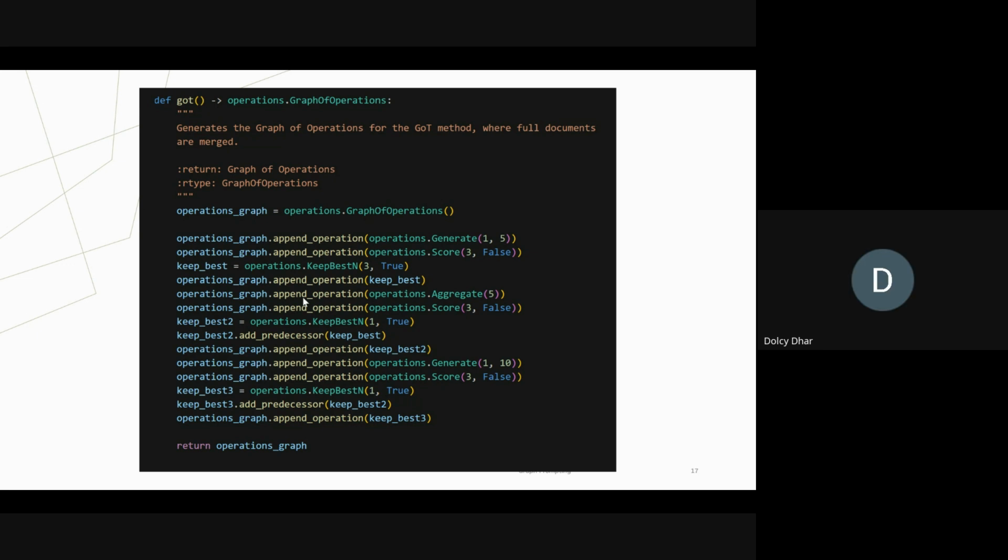So again, graph of thoughts here are nothing but operations. Okay. So graph of thoughts won't be embedded. But if you're using a knowledge graph, there are the nodes and their relationships. So how will it get embedded? Each node will get embedded with all its relationships, right? So all its information about what are the connections leaving that node and what are the connections coming to that node.